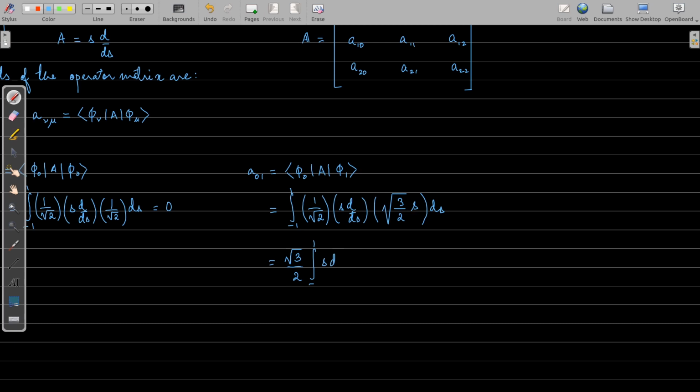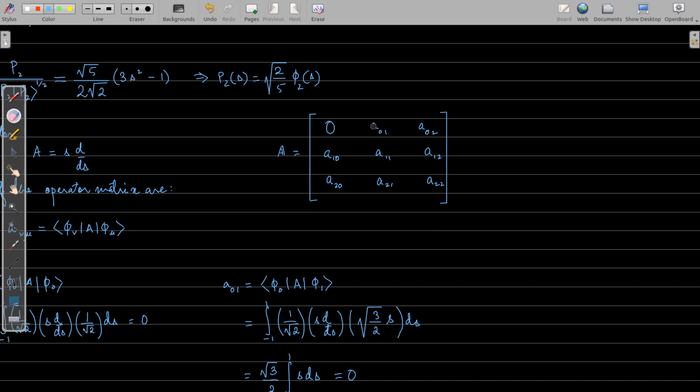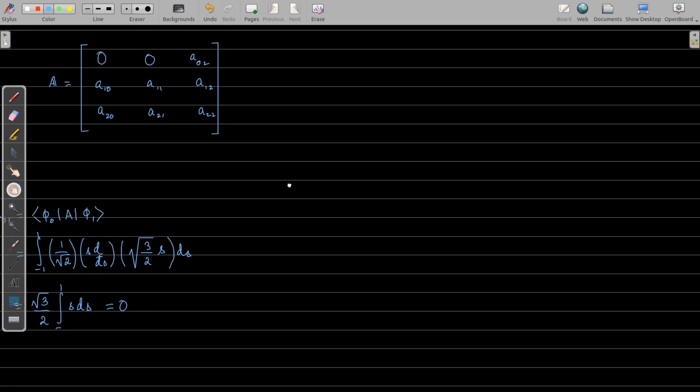So we have s into ds. And when you integrate this, it is going to give us 0. So you'll get a 0 here. So a01 is also 0.